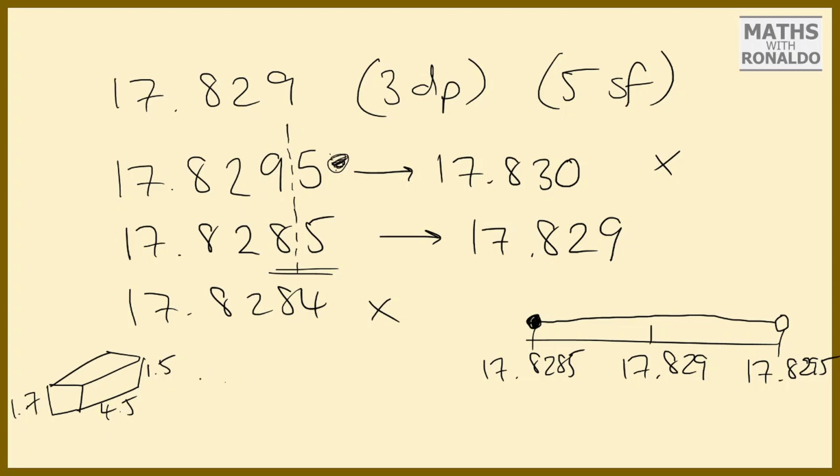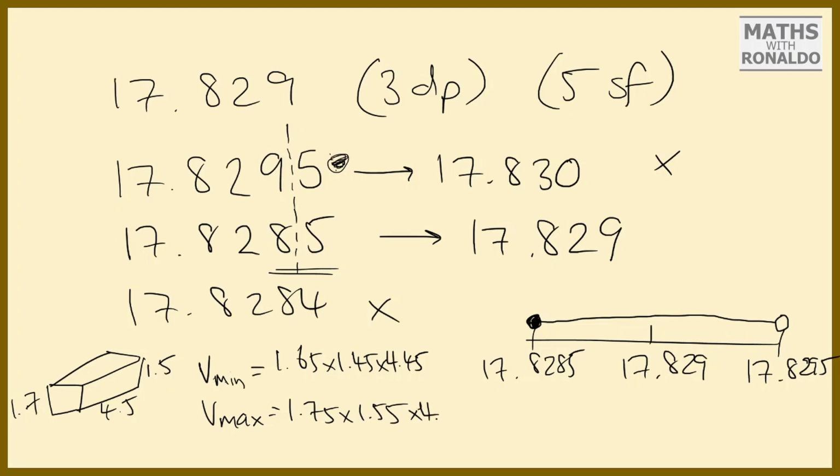Well, the minimum volume, V min, is going to be the minimum length times the minimum width times the minimum height. And that would be 1.65 times 1.45 times 4.45. And the maximum volume, V max, would be the maximum of each side length multiplied all together. So that would be 1.75 times 1.55 times 4.55.